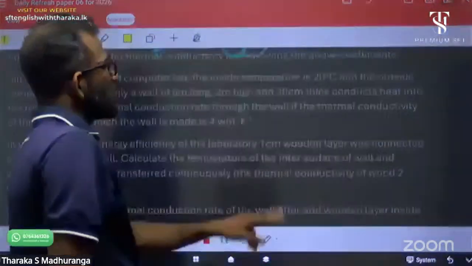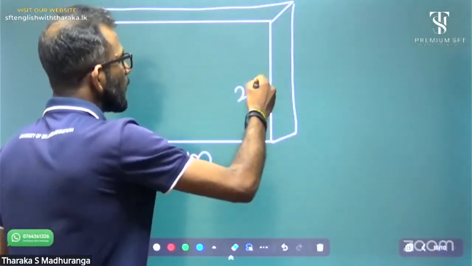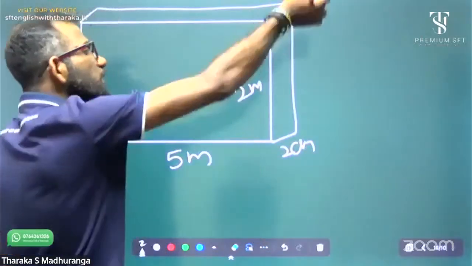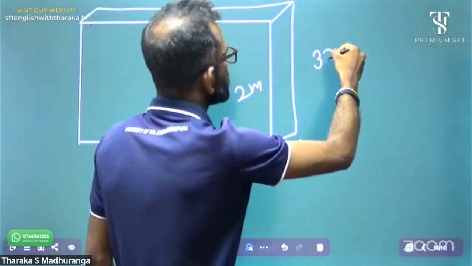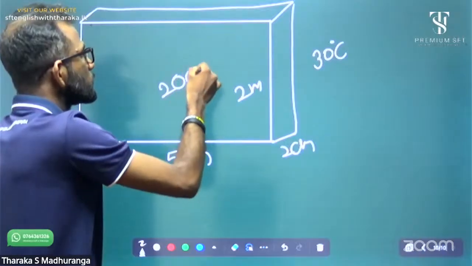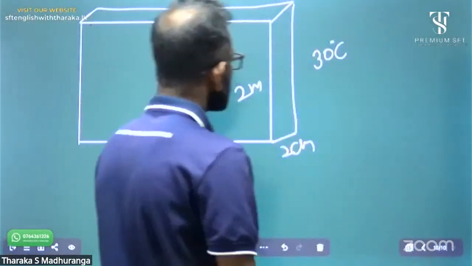It is 5 meter length, 2 meter height and 20 centimeter thickness. The outside temperature is 30 Celsius, and due to the air conditioner the inside temperature is 20 Celsius.